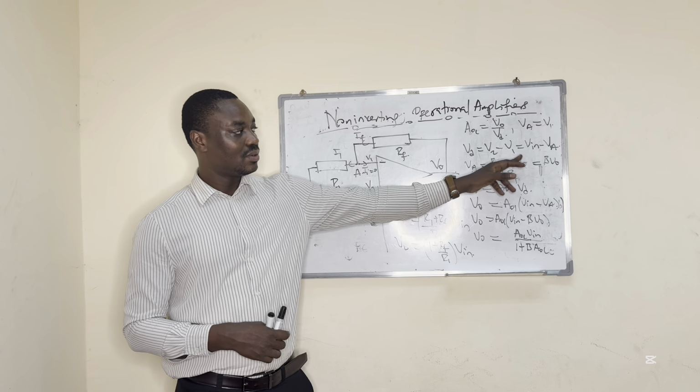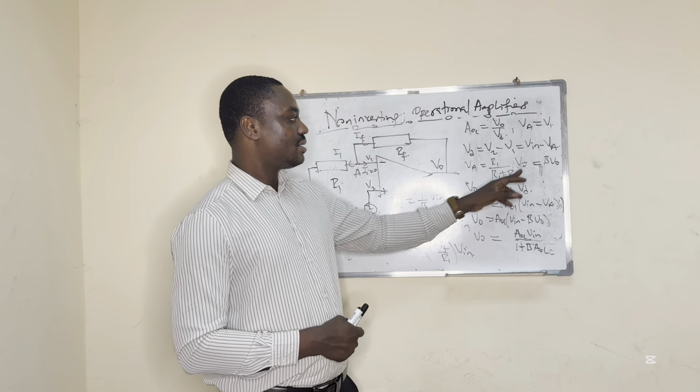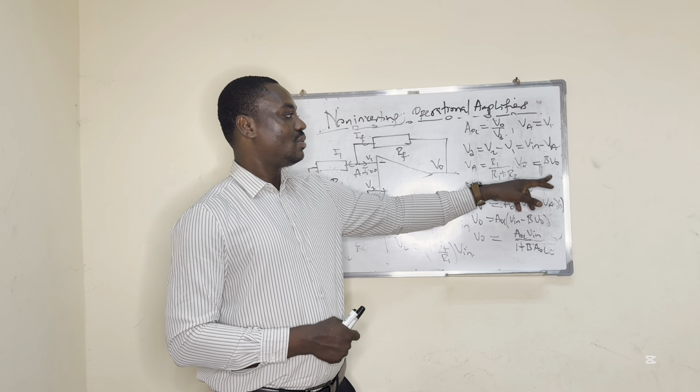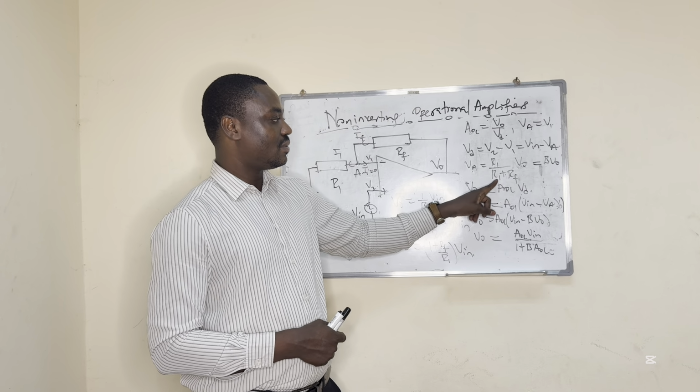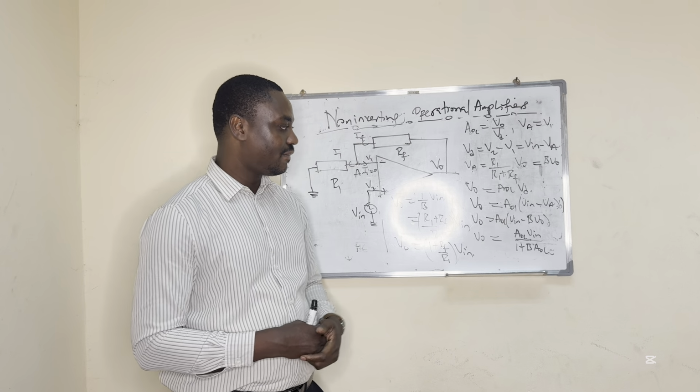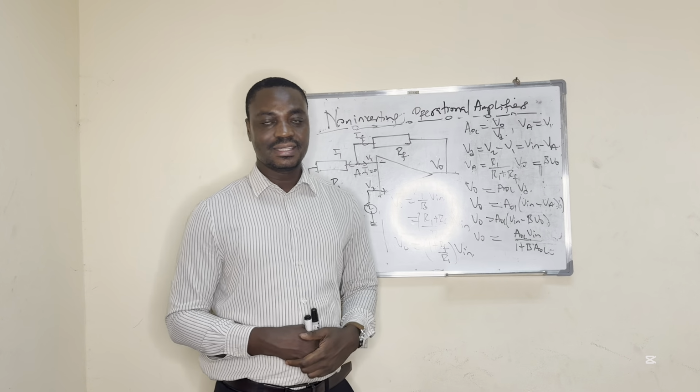So we get VA equal to this, and we can replace beta to be equal to R1 over R1 plus RF, so that we just have beta times the output voltage.